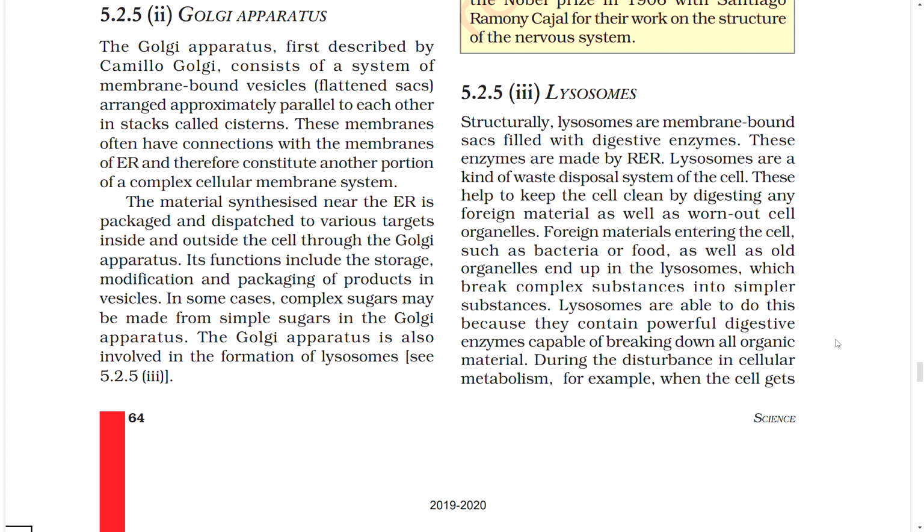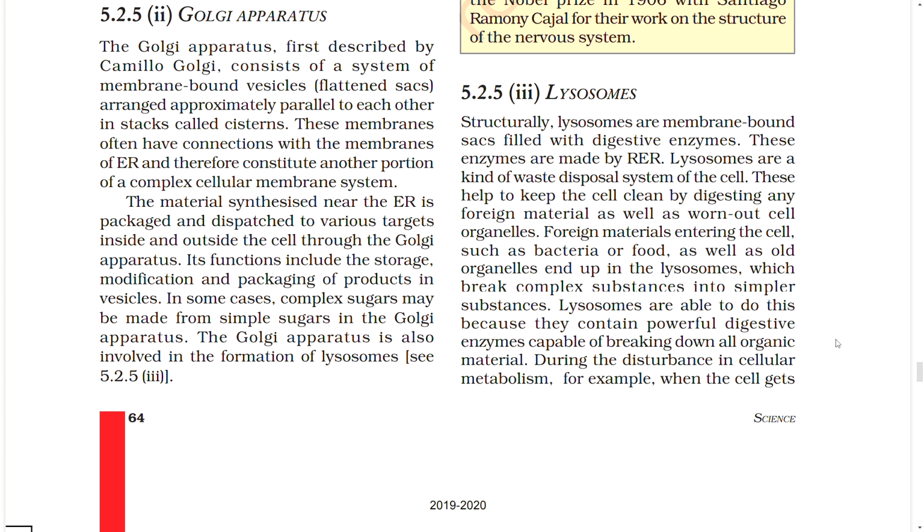Foreign materials entering the cell, such as bacteria or food, as well as old organelles end up in the lysosome, which breaks complex substances into simpler substances.